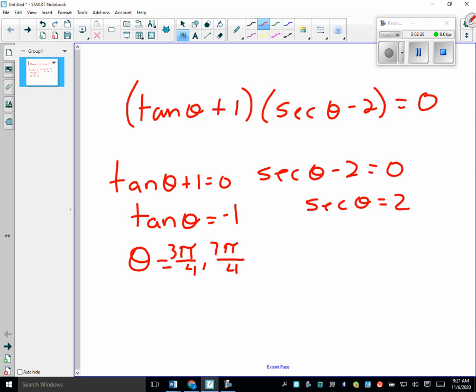If secant is hypotenuse over adjacent, so what is this? Pi over 3. Pi over 3 is an answer, and 5 pi over 3. 5 pi over 3 is in quadrant 4.